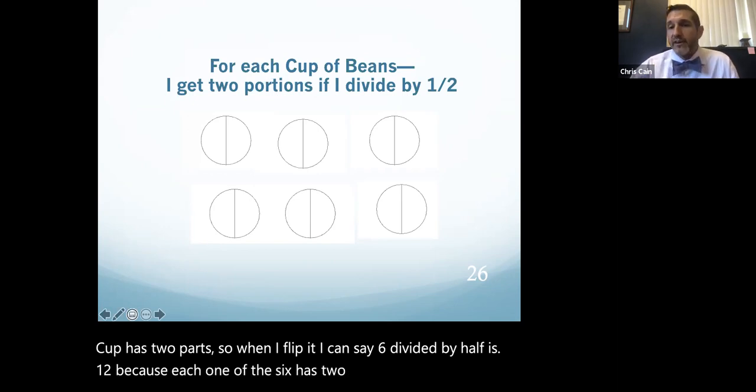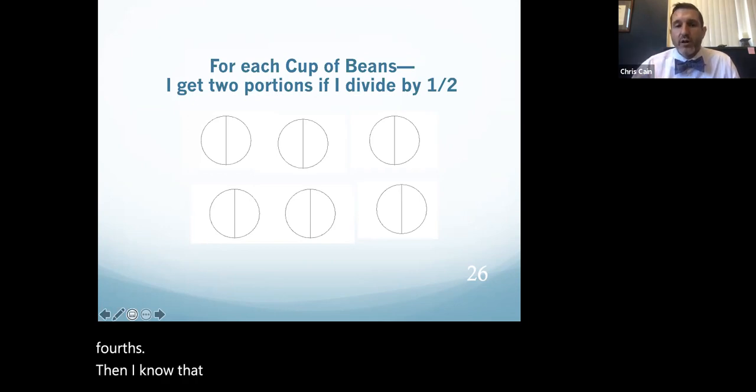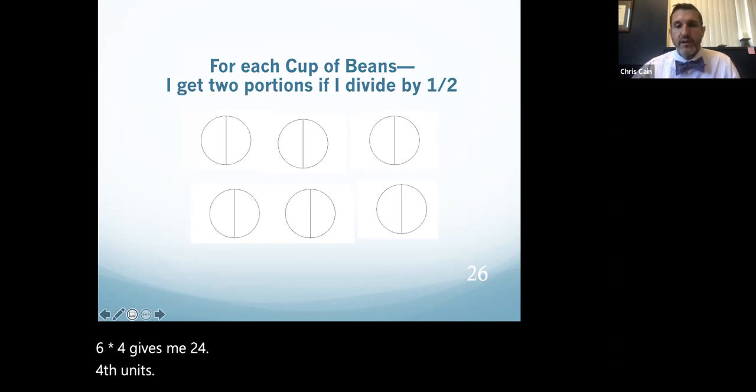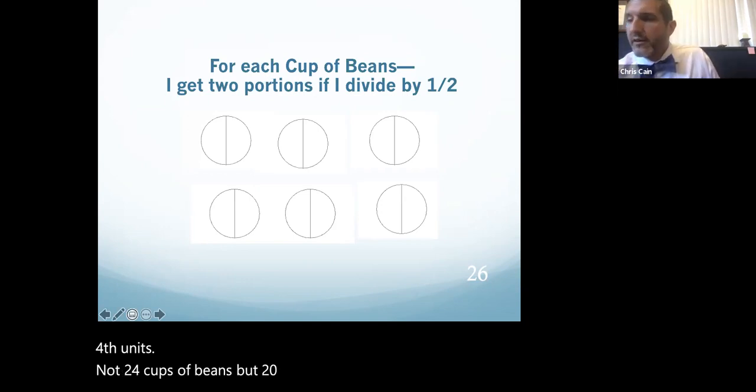If I divided it into fourths, then I know that each cup has 4 parts. So I would look at 6 times 4, which gives me 24 fourth units, right? Not 24 cups of beans, but 24 fourth units.